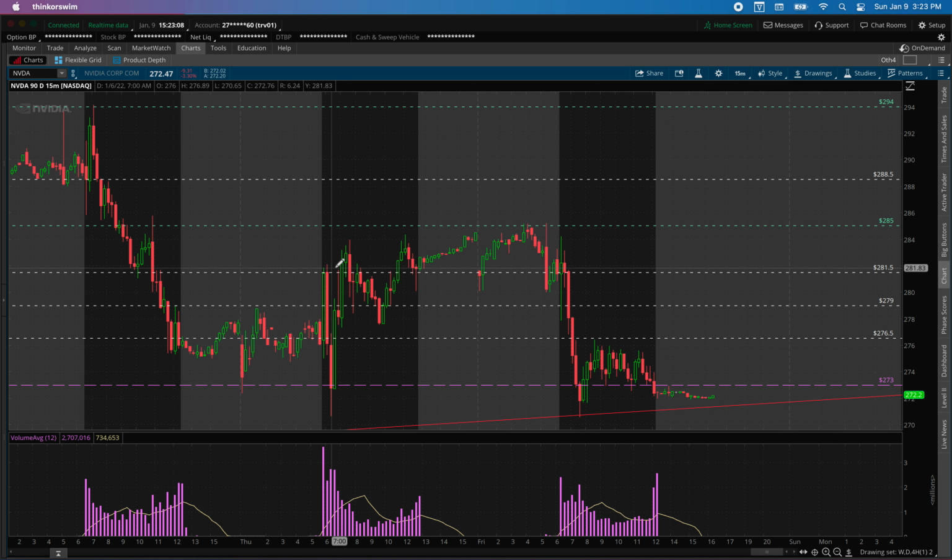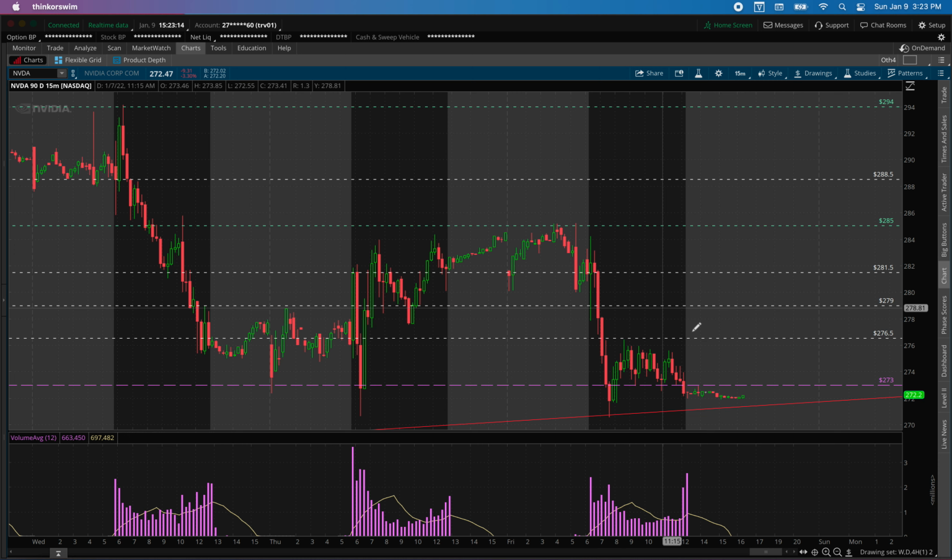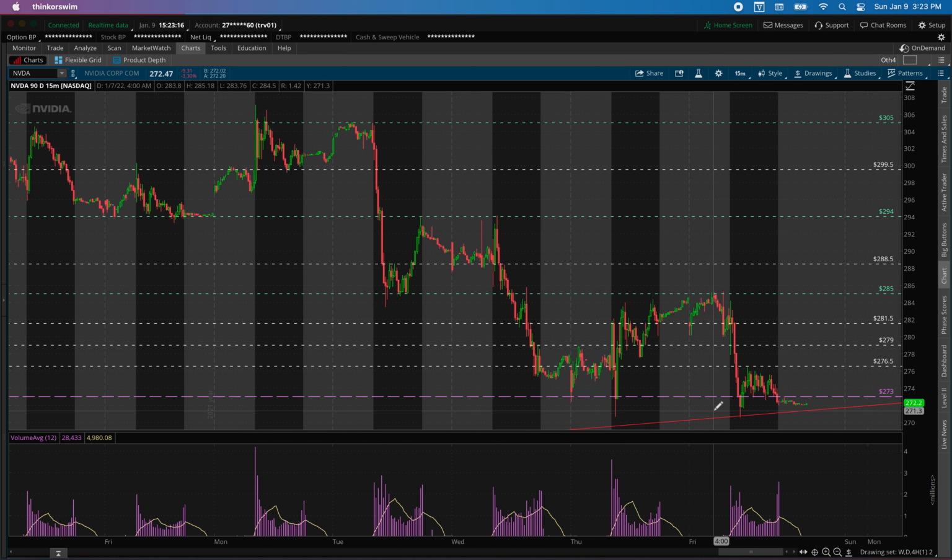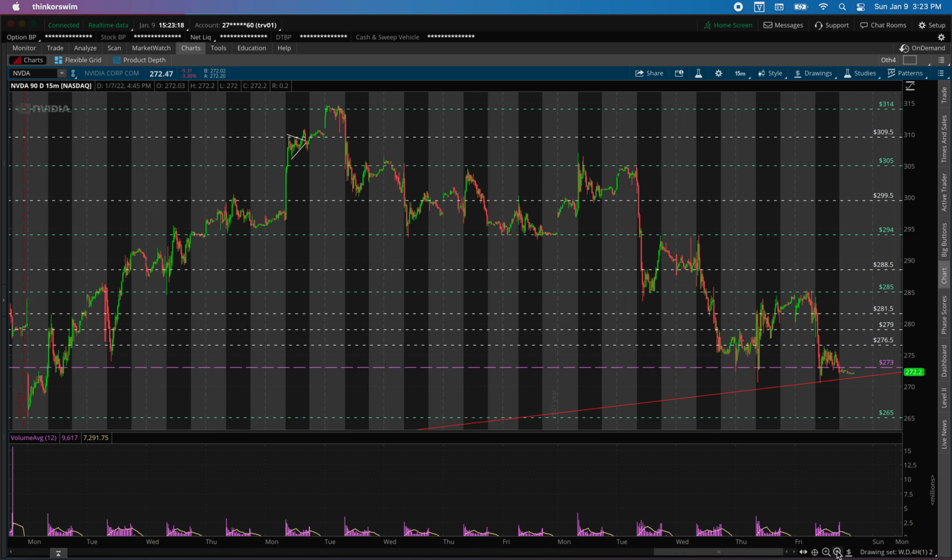See how all the candles pretty much stay above that level before it makes a move to the downside. So that's basically what you want to look for with intraday levels, and you can just continue to do that. So there we have another level there, another level there, and another level there.